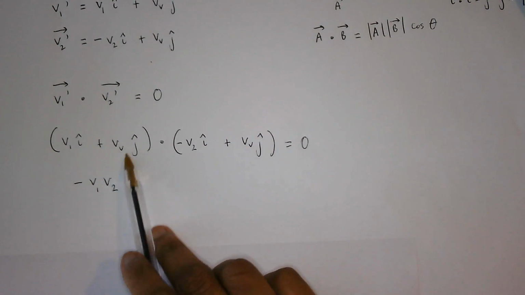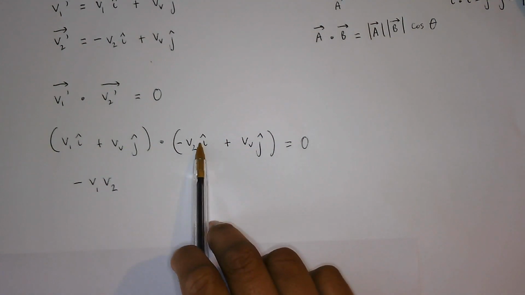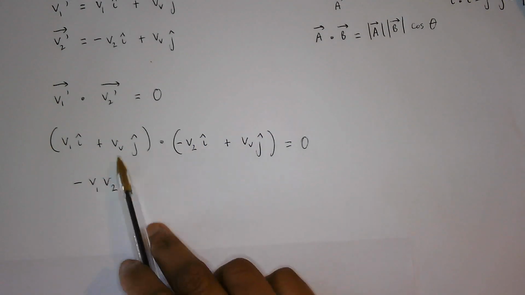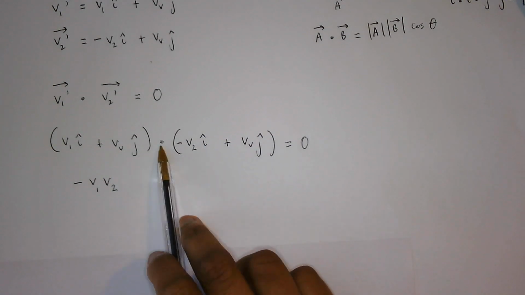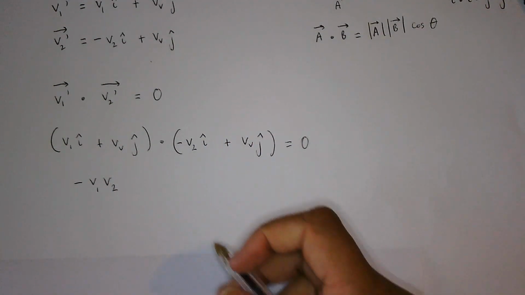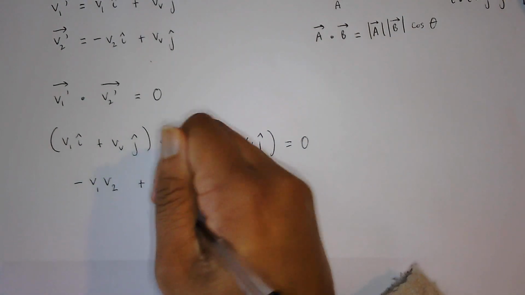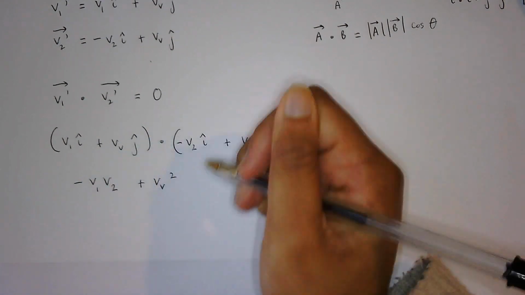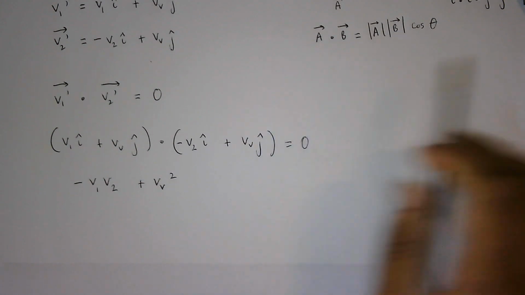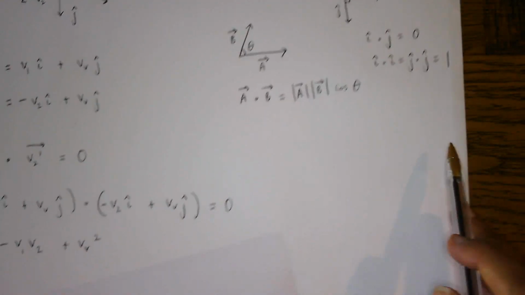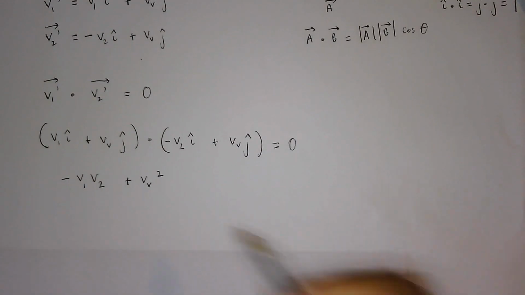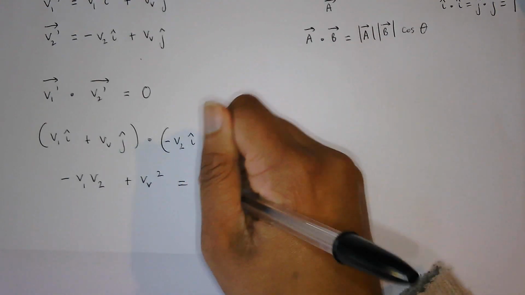Then we've got another vv j dot minus v2 i, that's 0 again. And then we have vv j dot vv j, so that gives us vv squared, because J dot J is 1. And that equals 0.